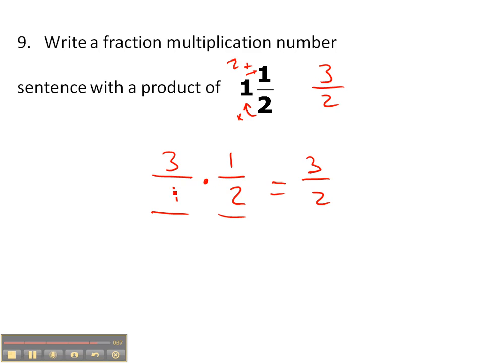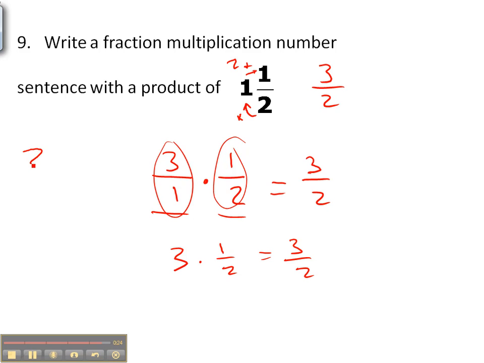I don't think I'm going to be able, in the time I have, to do more. 3 times 1/2 would be an acceptable answer. You can change these fractions to equivalent fractions, and even set it up this way, and find some multiples of these to give yourself some more interesting fractions to multiply. But any two fractions that multiply across and you get 3 halves will equal 1 and 1/2.